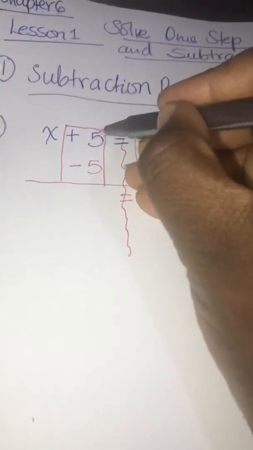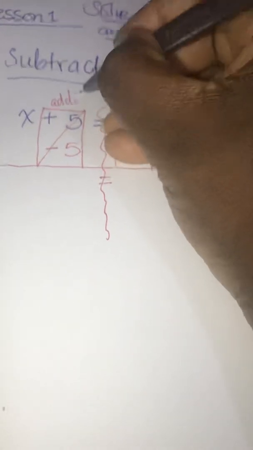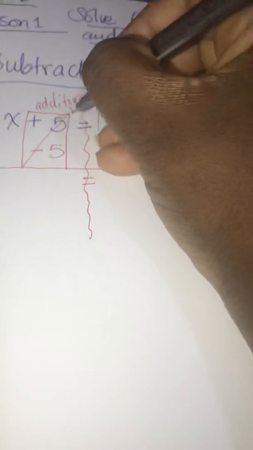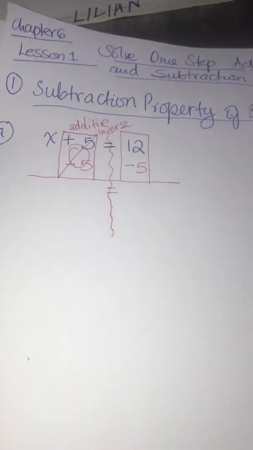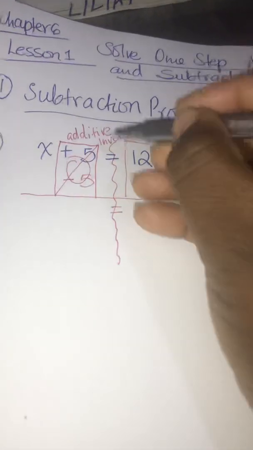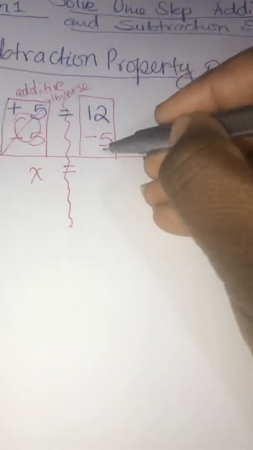Okay? This goes away and becomes 0 because this is additive inverse. I am crossing this because this is 0. Positive 5 minus 5 is 0. Then what is remaining? X is remaining. Then I do 12 minus 5, which is 7.